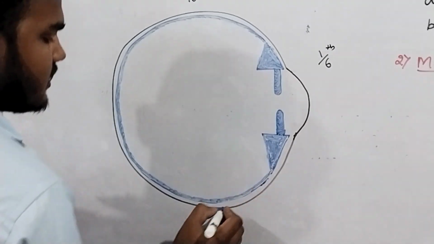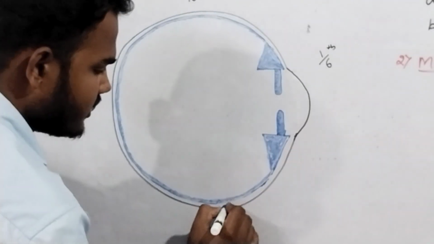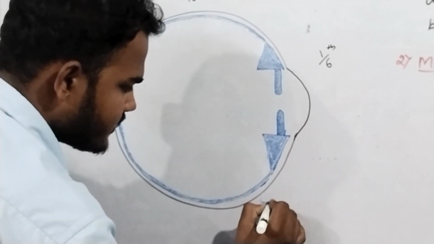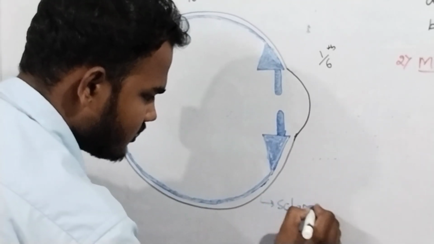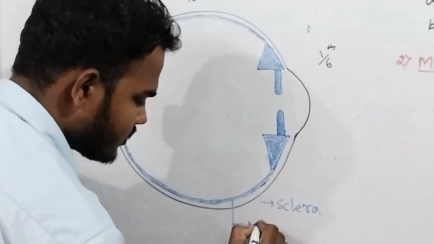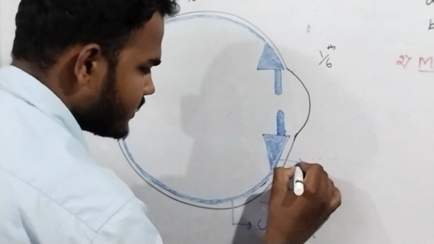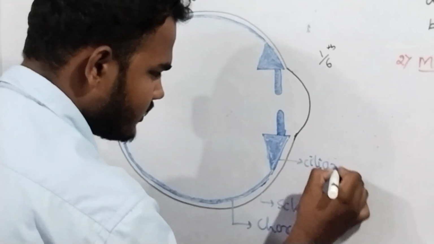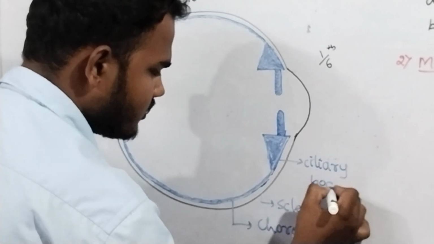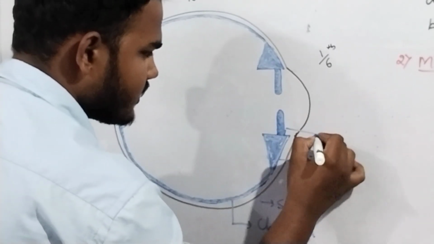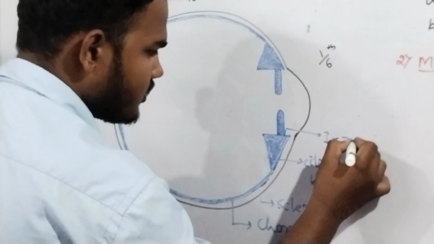Let me write here. First it is sclera, it is choroid, and it is ciliary body. It is iris. Okay.